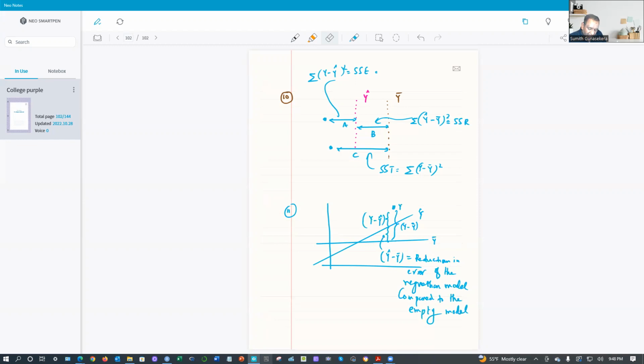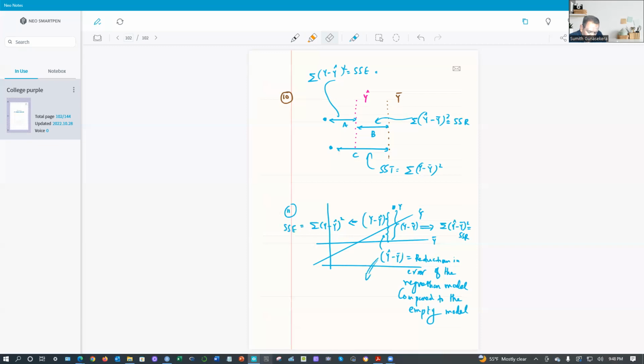If you get this one, the reduction in error, from this one, y minus y hat, squared and summed, is the sum of squared error. From this one, y hat minus y bar, squared, is the sum of square regression.